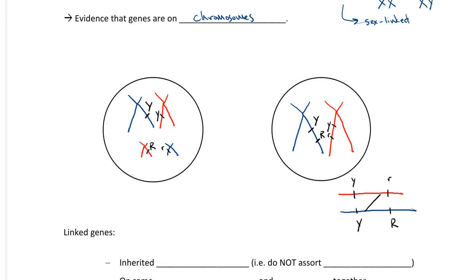But if I have crossing over here, then I could end up with a new chromosome that has the recessive Y allele and the dominant R allele. And I could end up with a new chromosome that has the dominant Y allele and the recessive R allele. So it's crossing over in meiosis 1 that can lead to those recombinant gametes that give us the recombinant phenotypes.